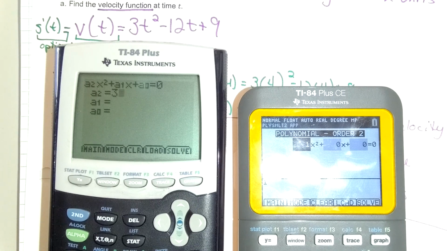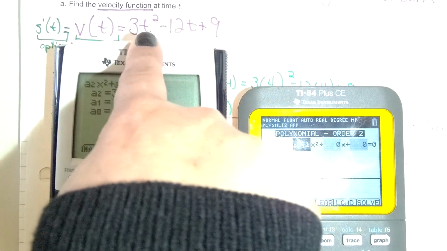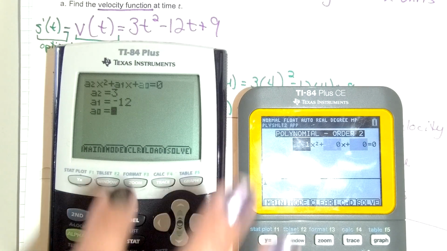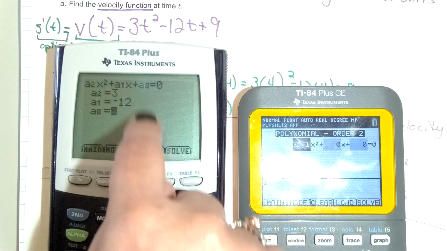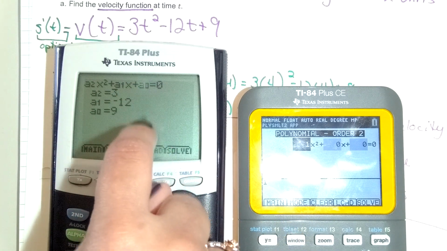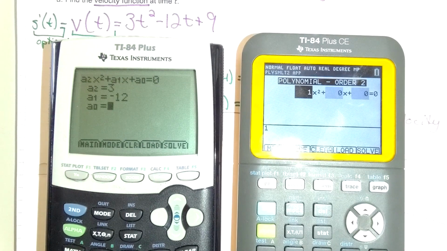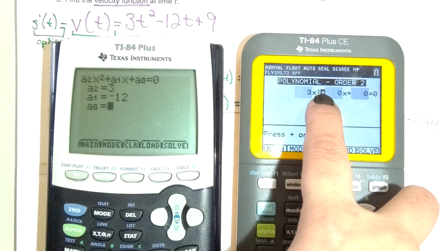So you're going to type in the number 3, enter. Because this is a minus sign, you have to hit negative 12. And then 9. So this is what it should look like in your calculator if you have this one. If you have this one, just enter in the coefficients. 3, enter. You will see that it takes me to this plus minus.